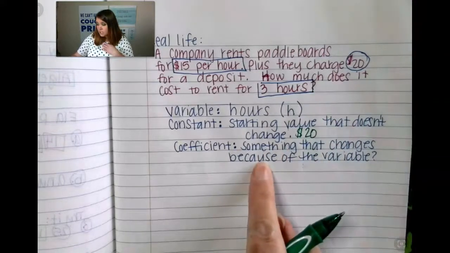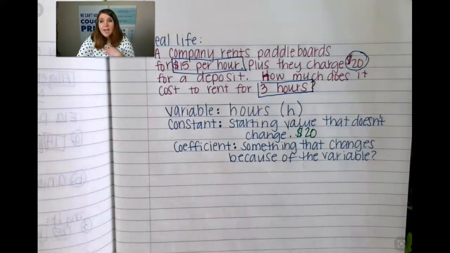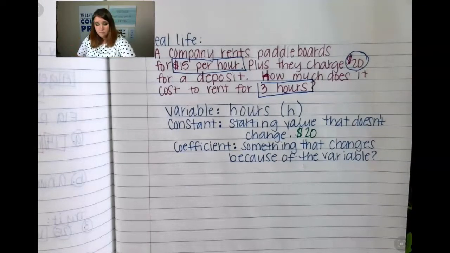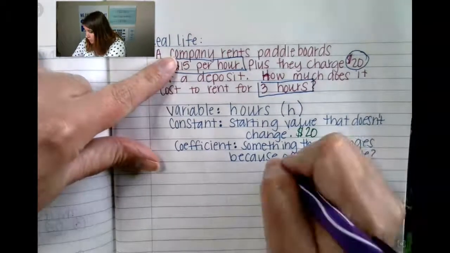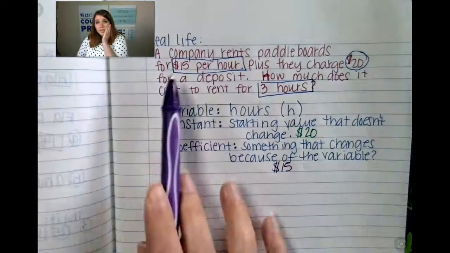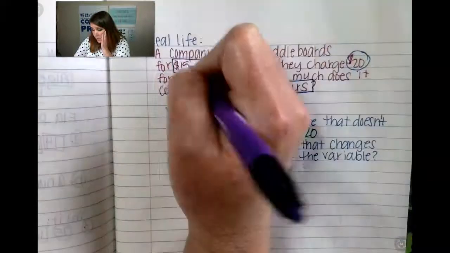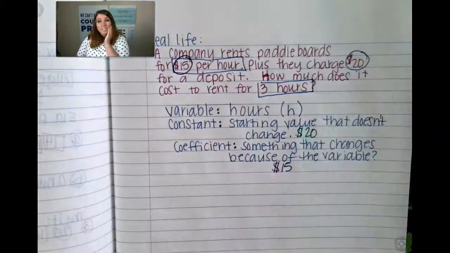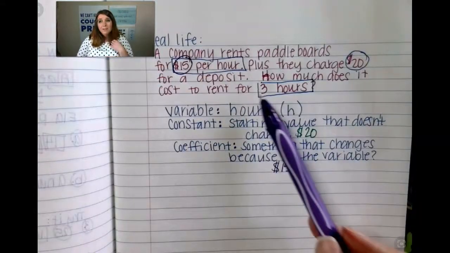The coefficient, the thing that I have to pay per whatever, is going to be that $15.